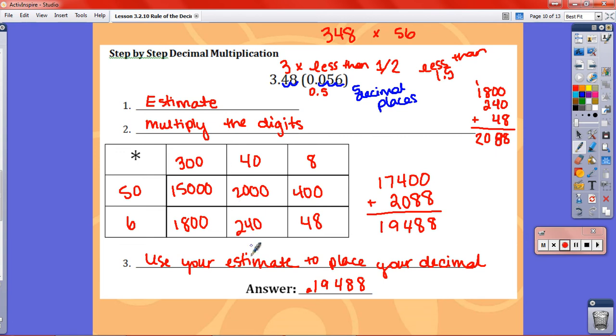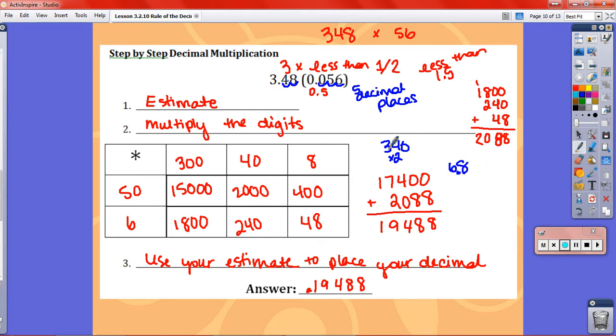The estimate is really important for checking your work because it helps you if you type something into a calculator wrong, or if you, for instance, multiplied 340 times 2 and just ignored the 0 and got 68, and you needed a decimal place, you left off the 0, so you put the decimal place in the middle.